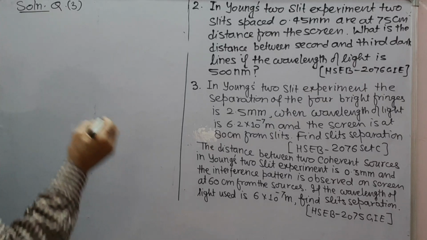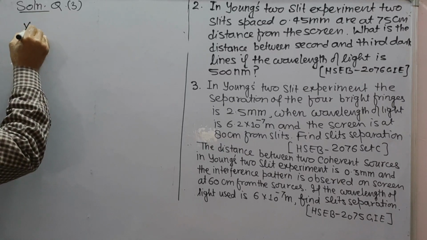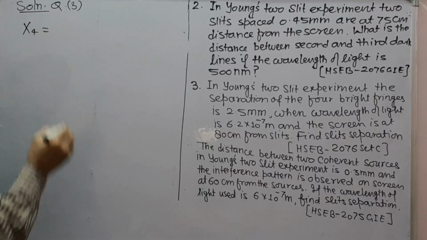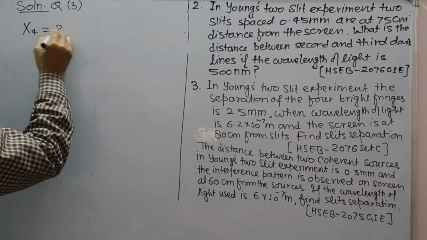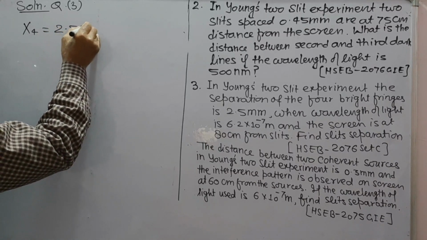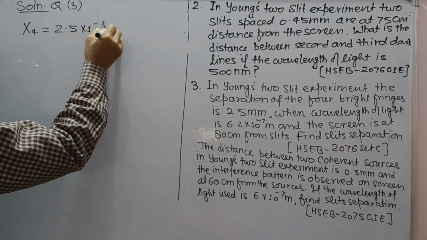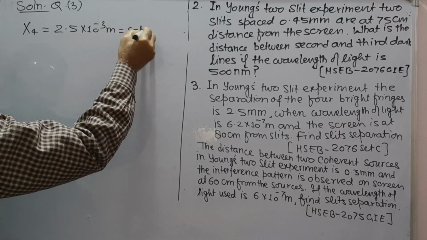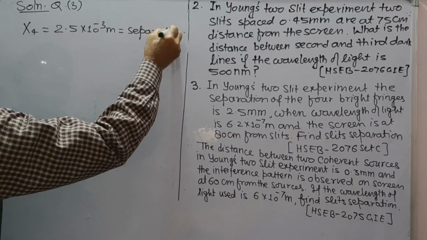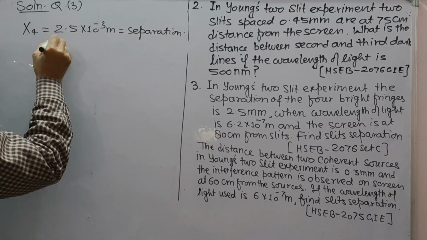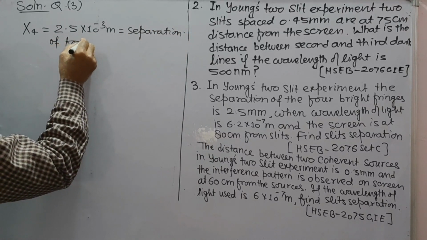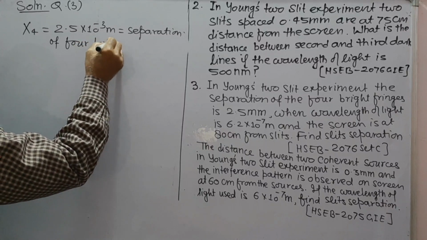Separation of 4 bright fringes means here x4 is equal to 2.5 millimeter, that is 2.5 into 10 to minus 3 meter. This is the separation of 4 bright fringes.